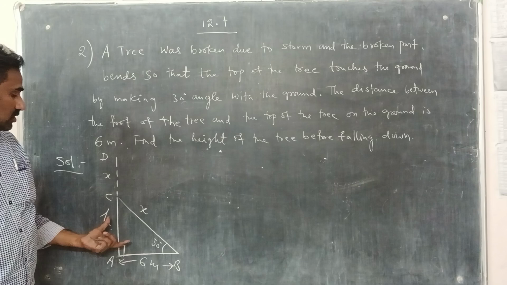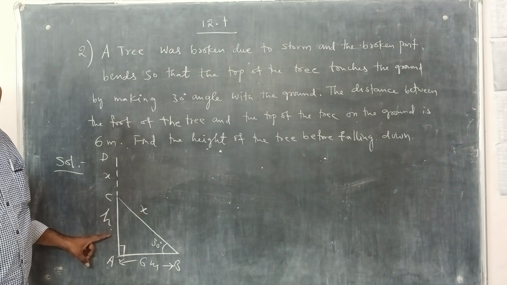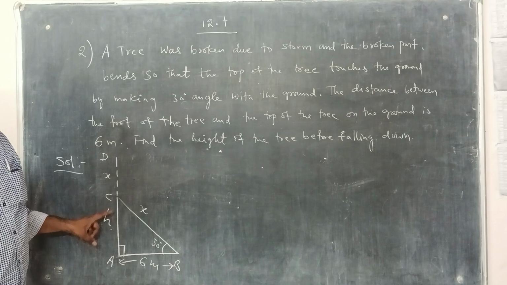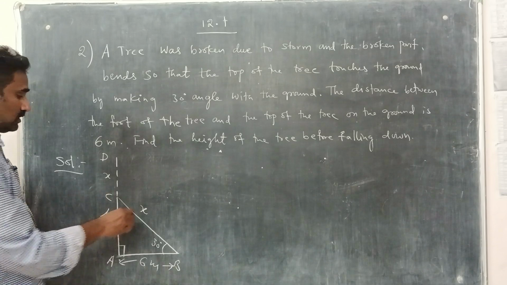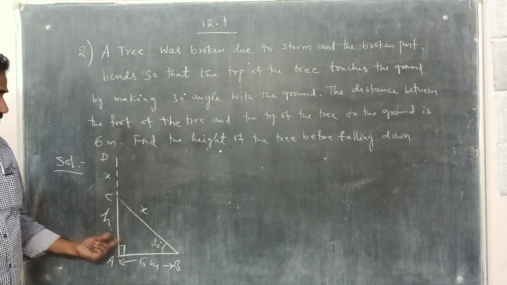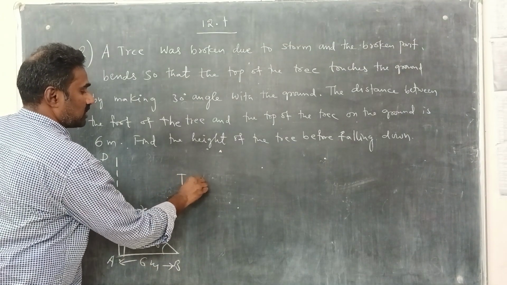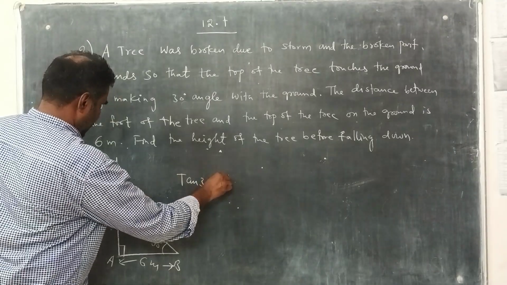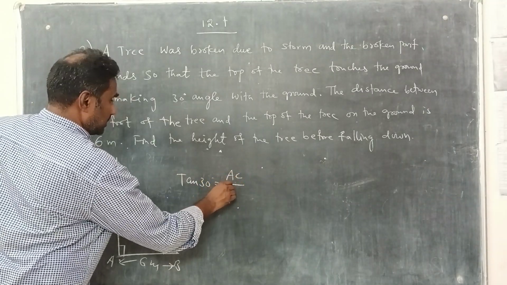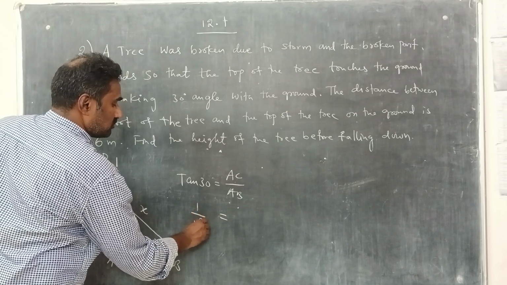For this you have to calculate two values, H and X. After finding X and H, this H plus X is the height of the tree before falling. First, the opposite value we need to find and the adjacent is known, so that is tan. tan 30 is equal to opposite AC by adjacent AB.